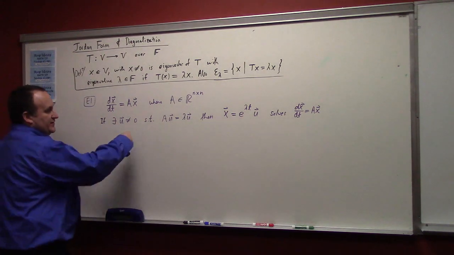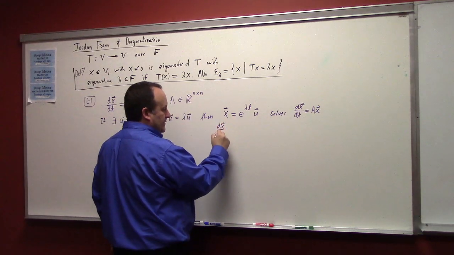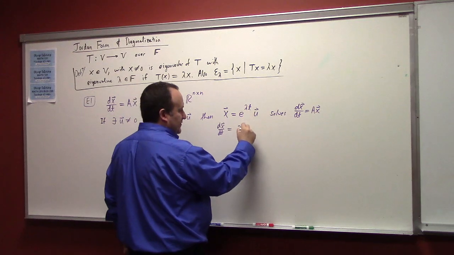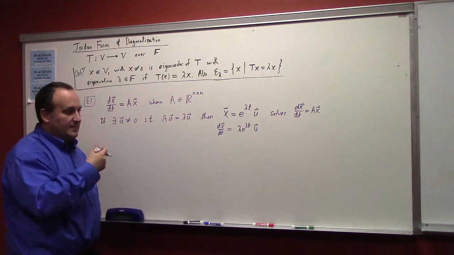So if you have this equation, if you differentiate this, what happens? Well, dx/dt, what's the derivative of e to the lambda t? That's lambda e to the lambda t, right? And u is a constant vector, so it just rides along.